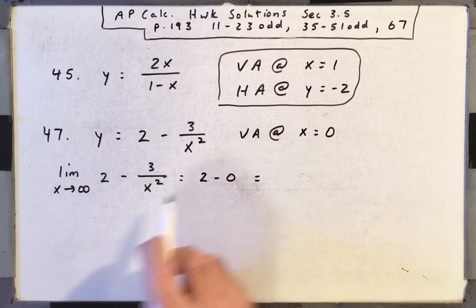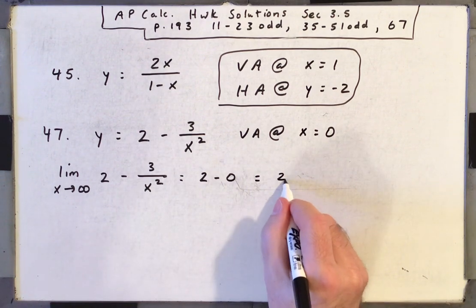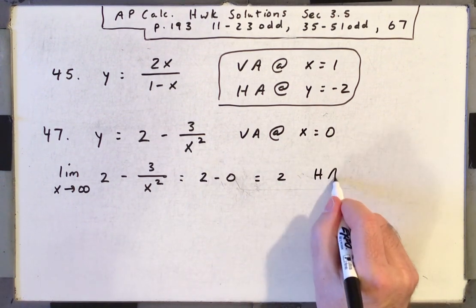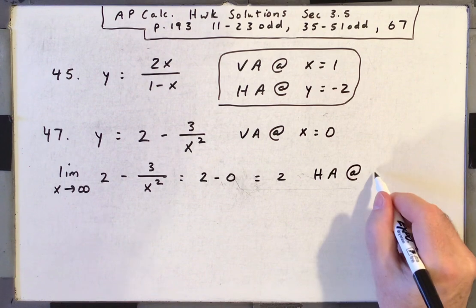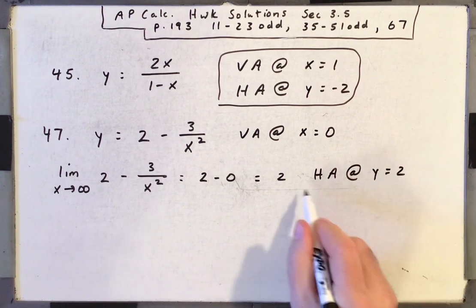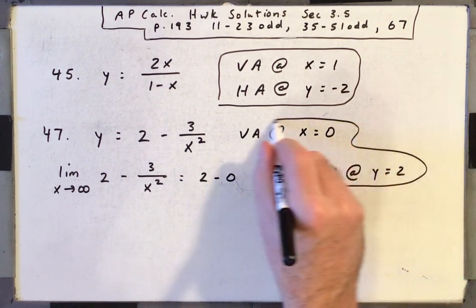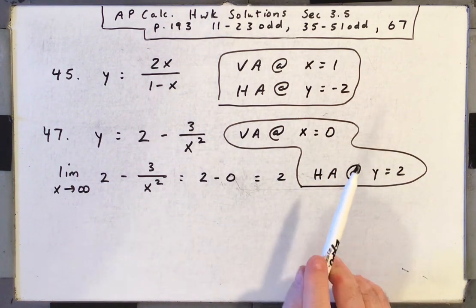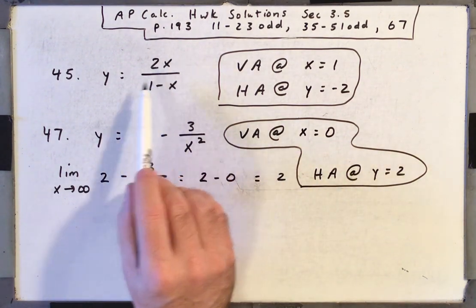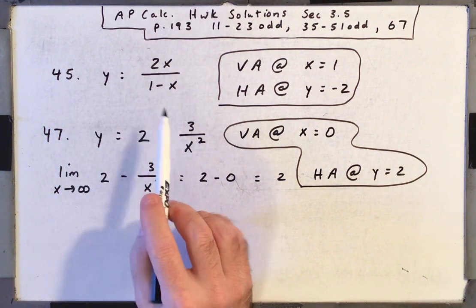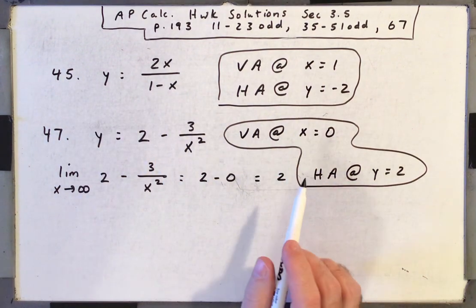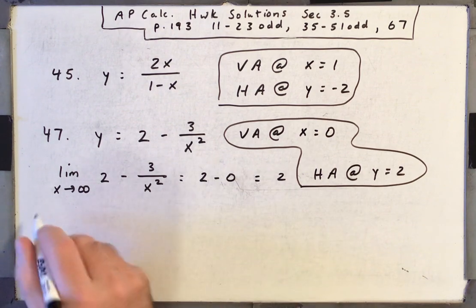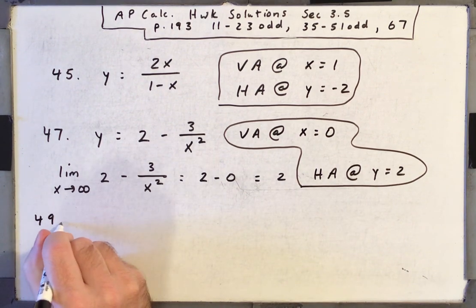But you're left with the answer of 2. So we have a horizontal asymptote at y equals 2. So that one is just a little bit different. Remember, to find the horizontal asymptote, we're taking the limit, but on all of these up through number 45, we could really just eyeball it to determine where the horizontal asymptote was.